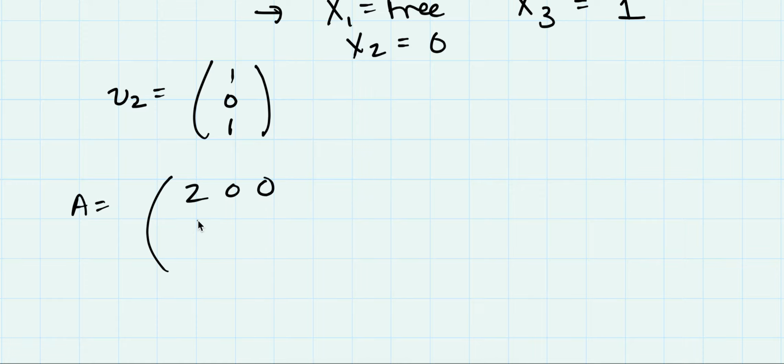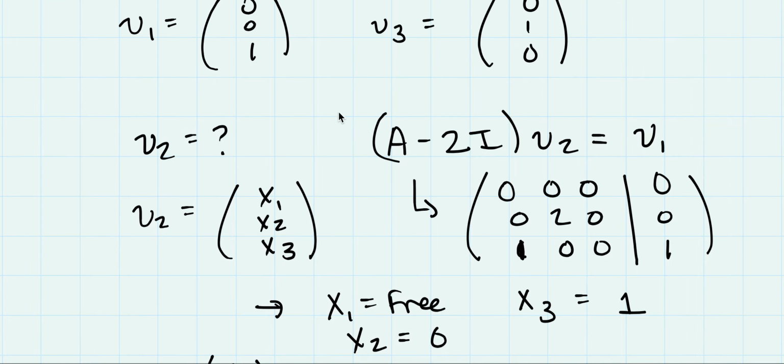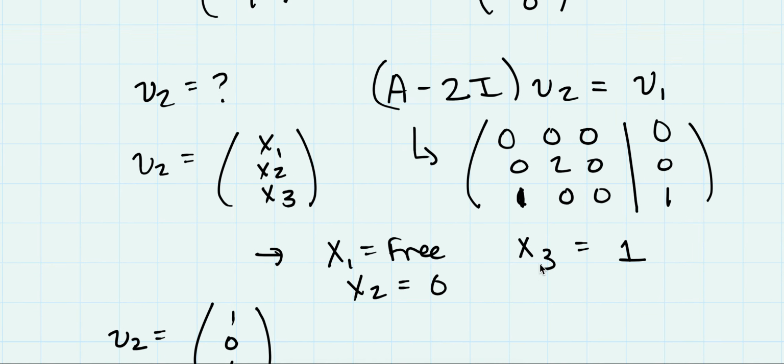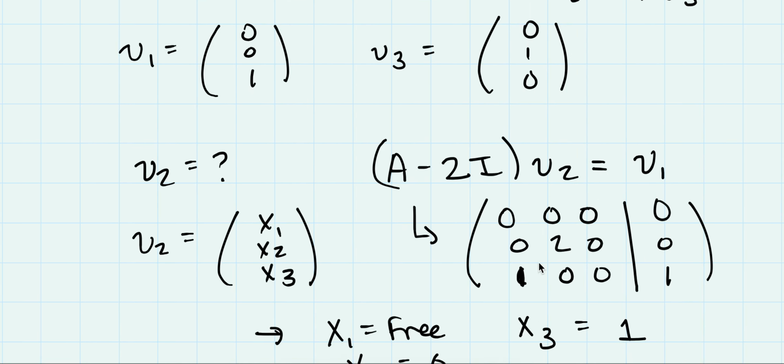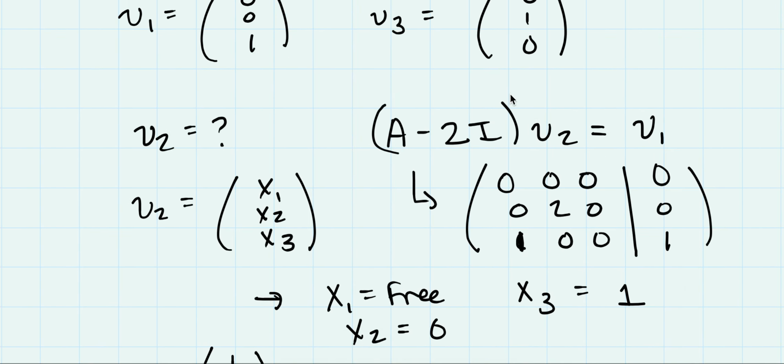But what happens is that now I claim that the matrix A, which we said was 2, 0, 0, 0, 4, 0, 1, 0, 2, is equal to X. So here are my 3 vectors, 0, 0, 1, 1, 0, 1, and this vector, 0, 1, 0.